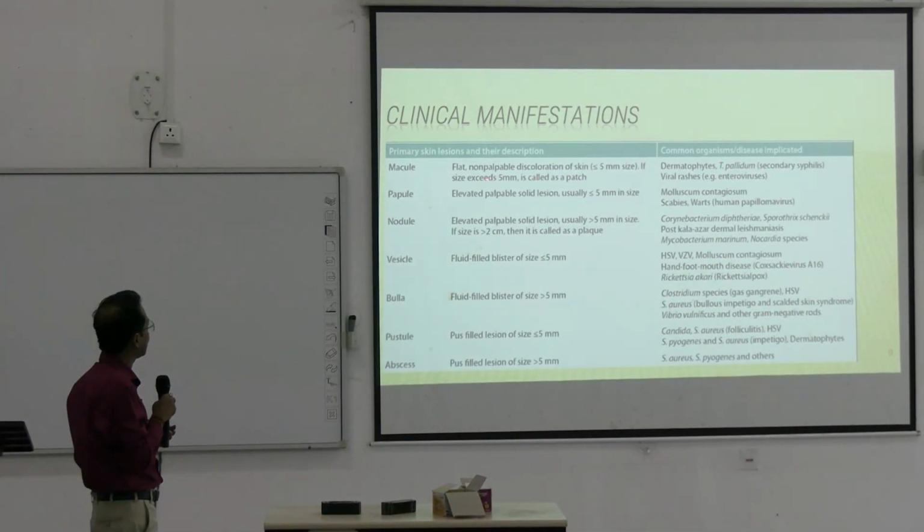Secondary syphilis can present as macule. Molluscum contagiosum, scabies and warts can present as papule. Nodule, Corynebacterium diphtheriae. Bulla may be in Clostridium species in gas gangrene, and Staphylococcus aureus may cause bullous impetigo.